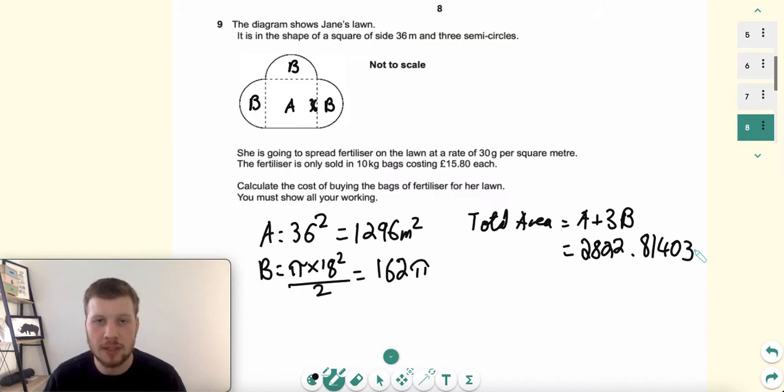She is going to spread fertiliser on the lawn at a rate of 30 grams per square metre. So to work out how much fertiliser she's going to use, I am going to multiply this value by 30. This will tell me how many grams of fertiliser she will use.